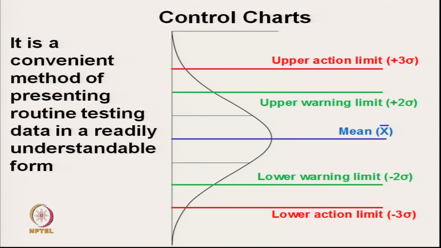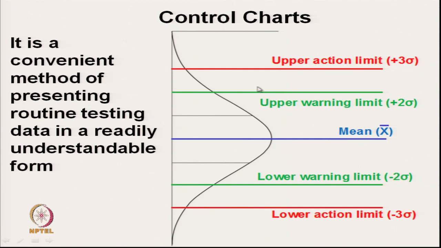So, this is the control chart, where the mean is known, that is the targeted value, the nominal value. It is fixed, that is our target. Now, there are two types of limits: one is the warning limit, another is called the action limit. The warning limit depends on the industry, at what level they would like to have it. Say we fix the warning limit at plus minus 2 sigma.